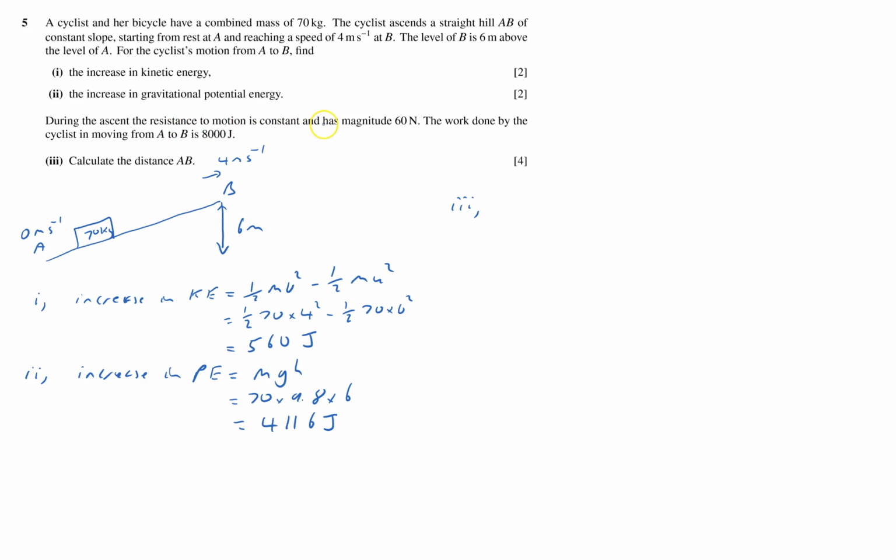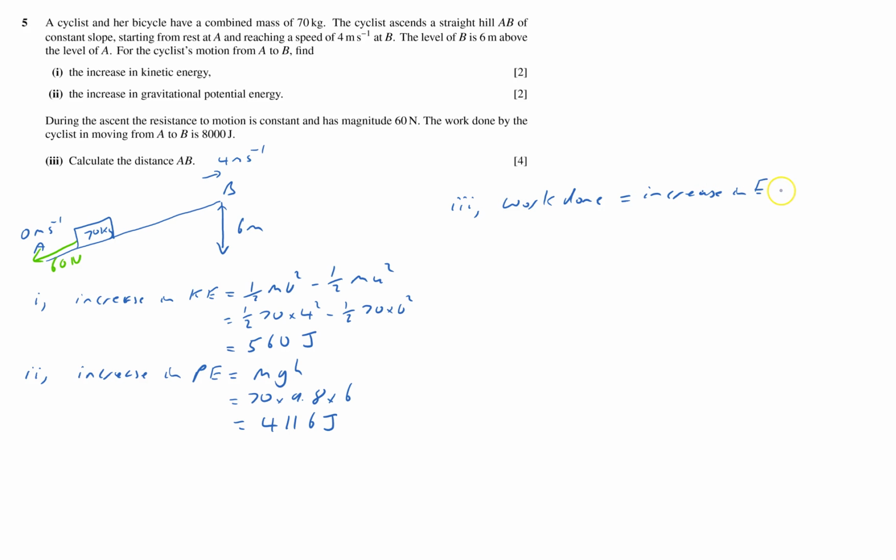during the ascent, resistance to motion is constant, so I'll put it in green, as I always put my forces in green. That's 60 newtons going backwards. Okay, maybe other forces need to go on there, but I've got the work done by the cyclist, and work done equals increase in energy.